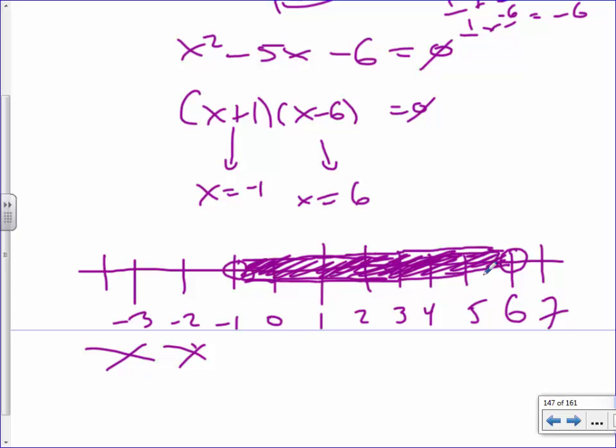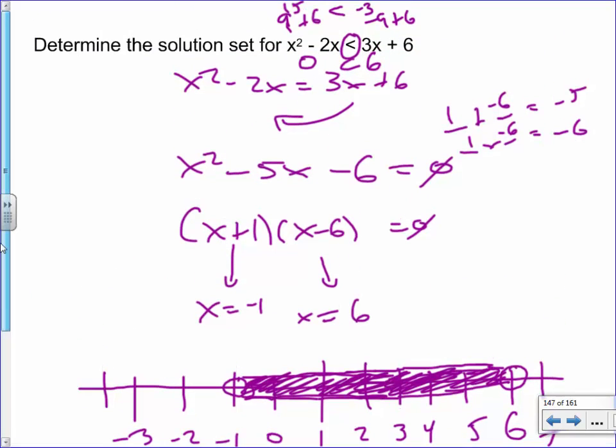Usually what ends up happening is either the outside sections work or the inside section works, but we should just confirm to make sure. So pick a number greater than 6. Sure. 10, 7, I don't care. 10? If this is 10, that's 100. But then you're minusing 20, so that side's 80.